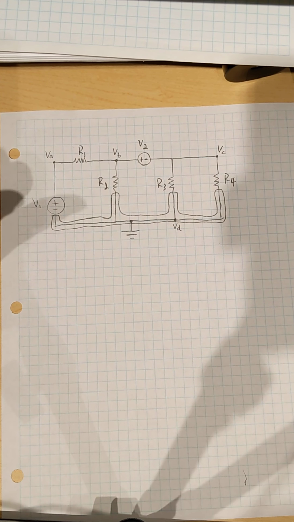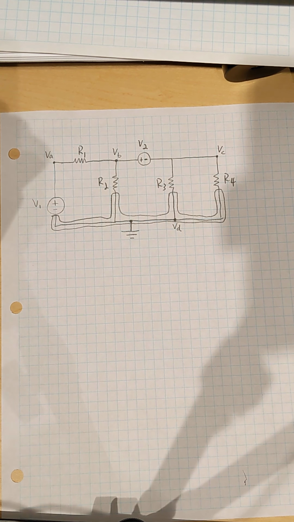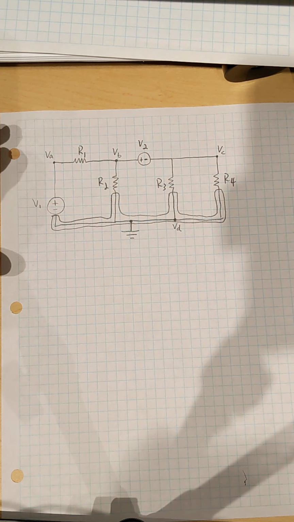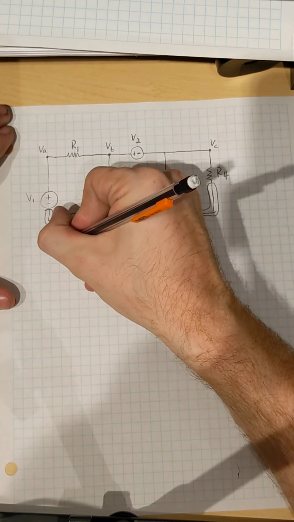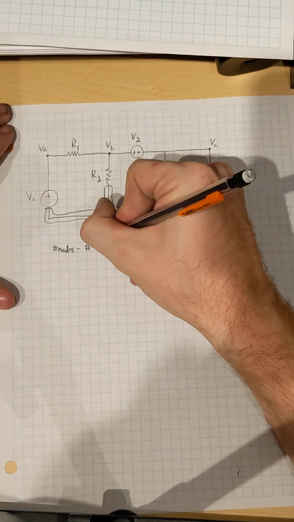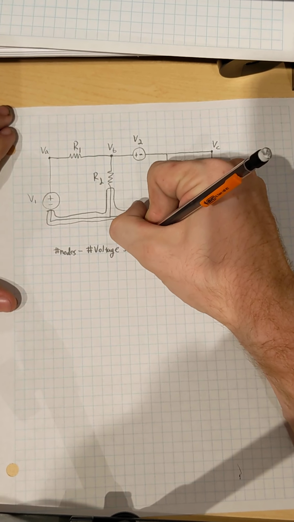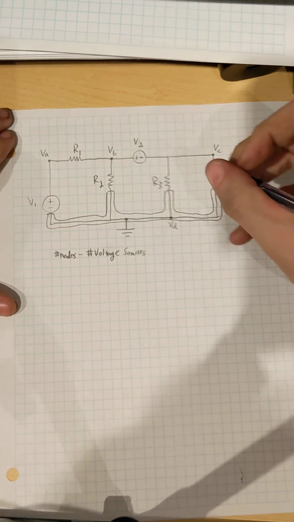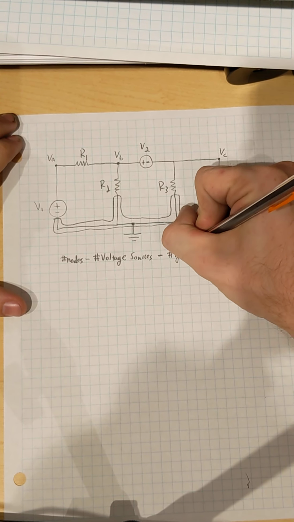So once you place your ground, the next thing that you're going to do before you even start solving is to figure out how many equations you will need given this circuit diagram. And the way that you do that, there's a fancy little equation that you can use to figure out the number of equations, and that's going to be the number of nodes minus the number of voltage sources. For nodal analysis, it's the number of voltage sources, not current sources, minus the number of grounds.